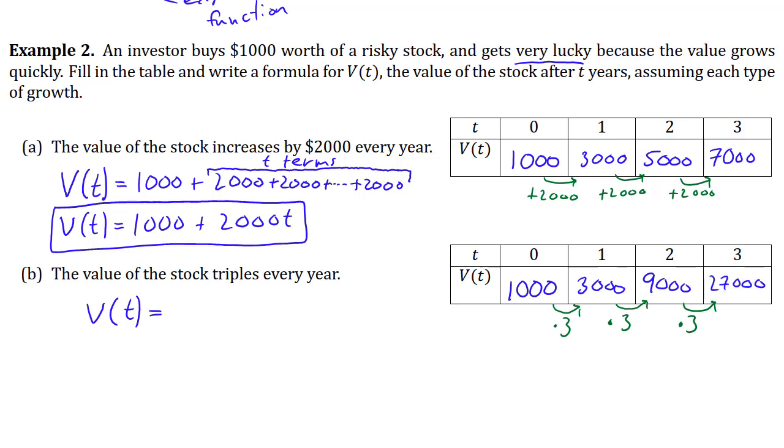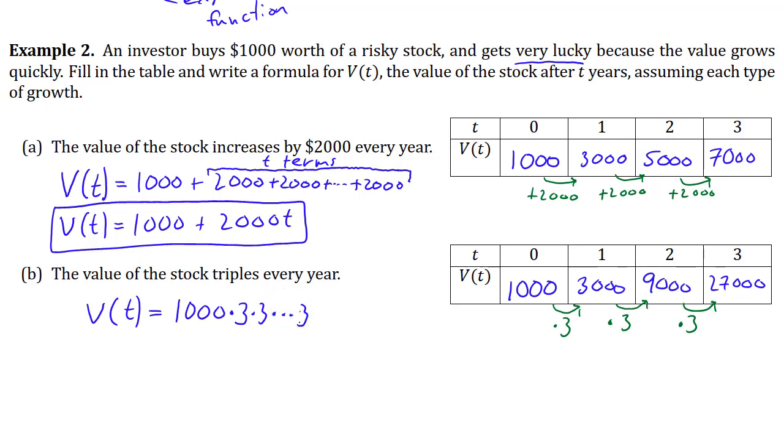Well, we're starting at 1,000, and then t, the number of years that have gone by, tells you how many times to multiply times 3. So we're going to take that 1,000 times 3 times 3 times some number of 3s.